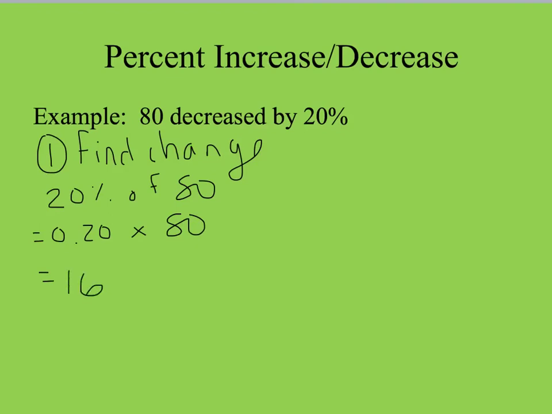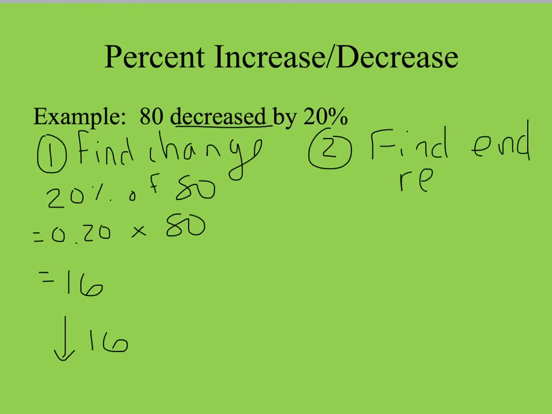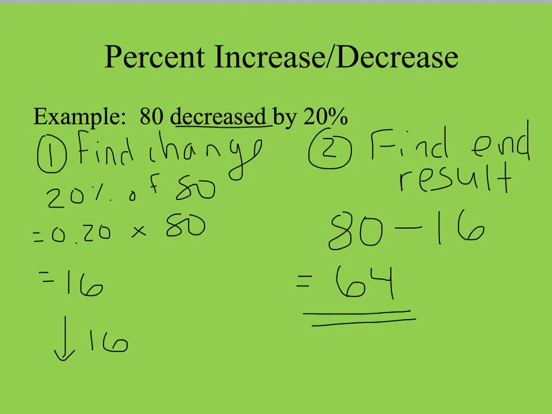So the change was 16, and it's a decrease, which means I've gone down by 16. My second step is to find the end result. And that involves subtraction. I started at 80, I decreased by 16, which gives me 80 take away 10 is 70, take away another 6, 64. So there's my final answer, my final value.